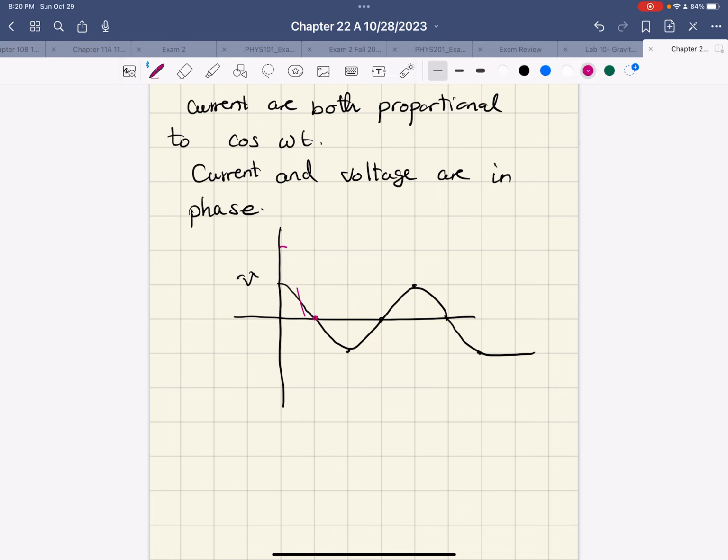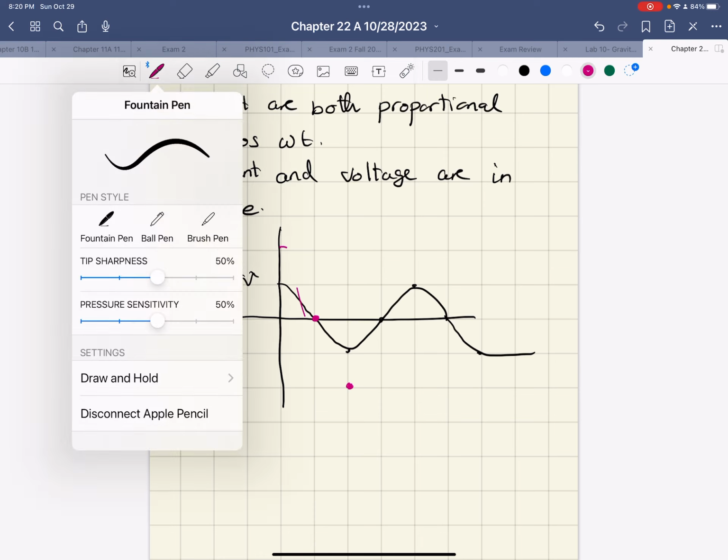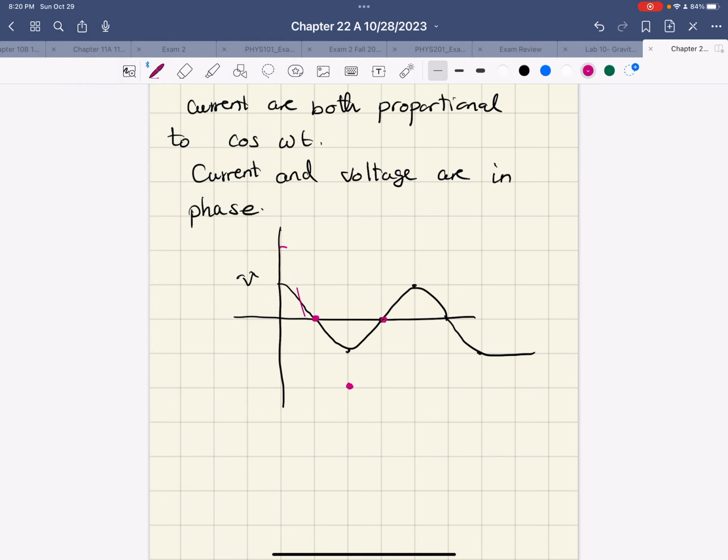Then the next one is here, and the next one is here. This is how the current will show.